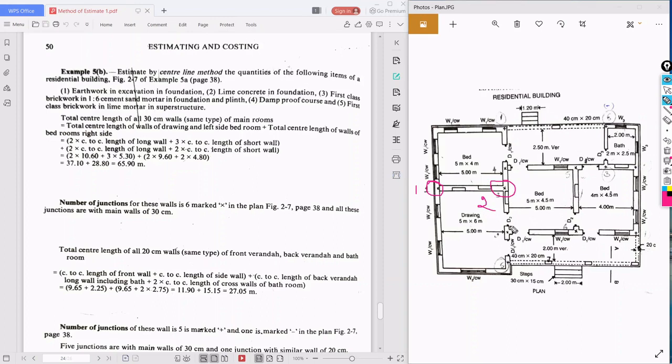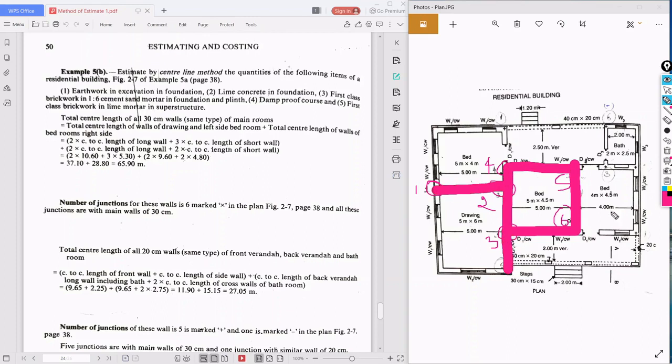Next, the 30 centimeter wall is connecting here also, this is 3. Next, connecting here, this is 4. Here also, this is 1, this is not 1. Next here 5, and here 6. So these are the junctions where the 30 centimeter wall is connecting with the 30 centimeter wall.